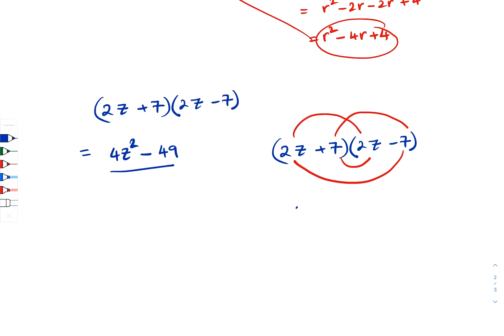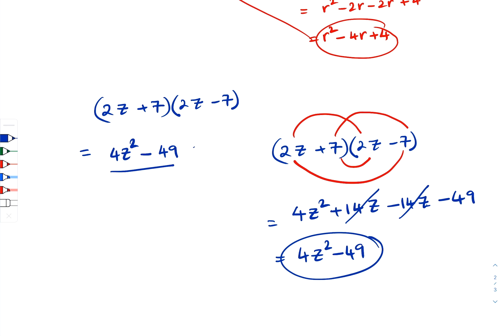That's 4z squared plus 14z minus 14z minus 49. The 14z's cancel out because one's positive and the other's negative. That leaves you with 4z squared minus 49, the same exact answer that you got from the formula.